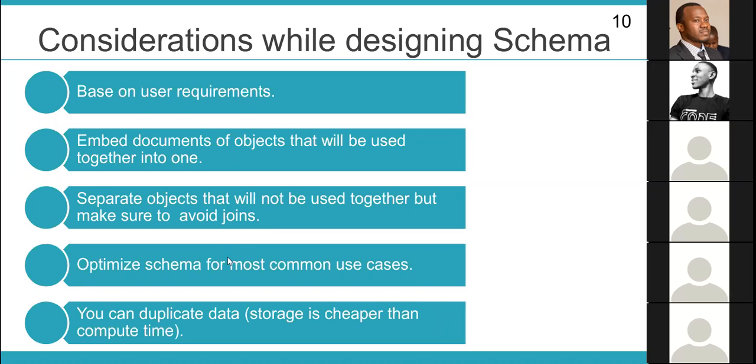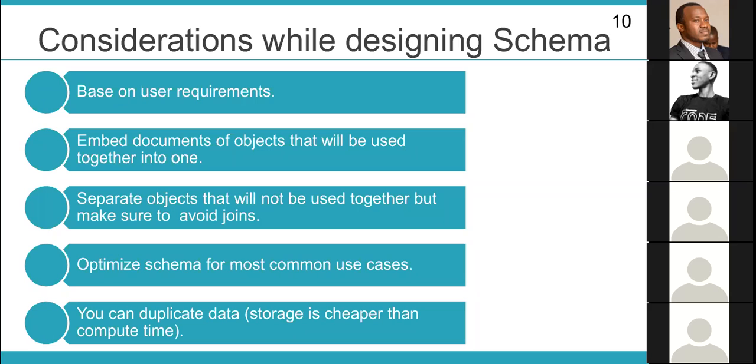And then try to optimize your schema for the most common use cases. Basically, if you really look through your user requirements, you would know what the most common requests the database will be receiving are, the most common queries.